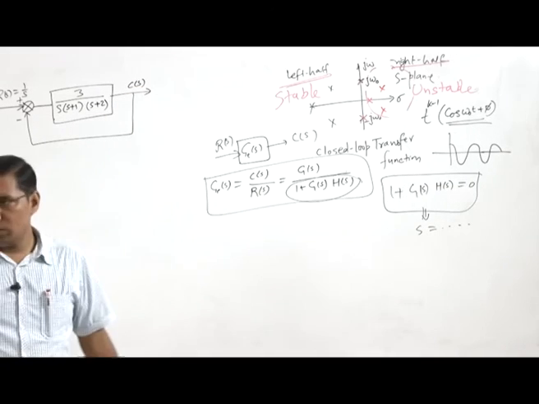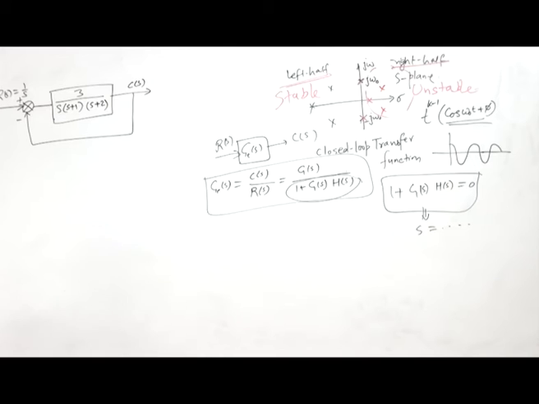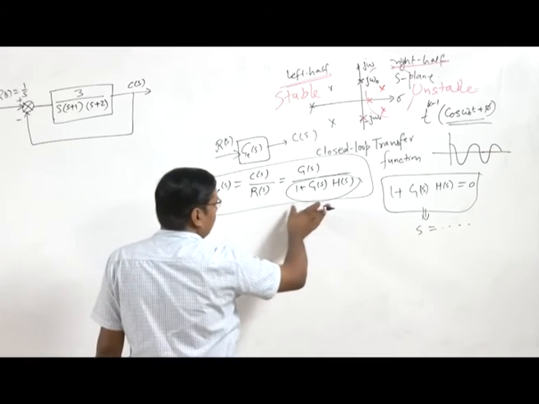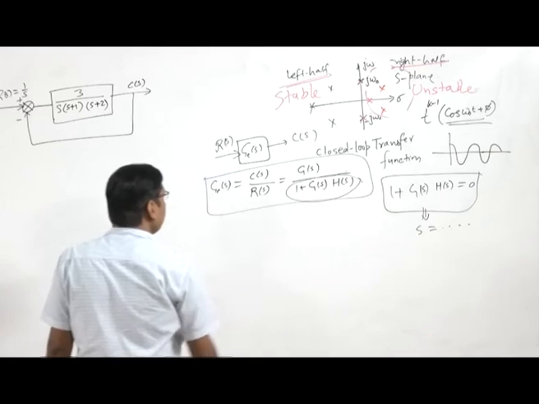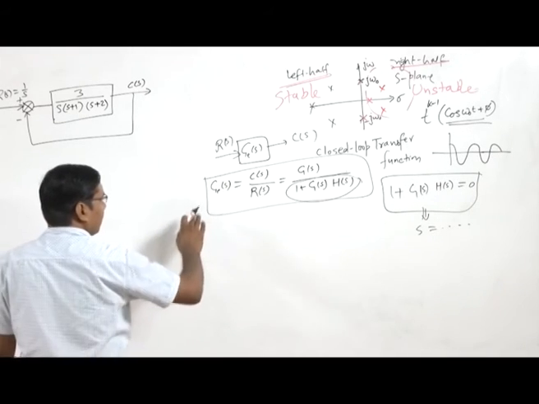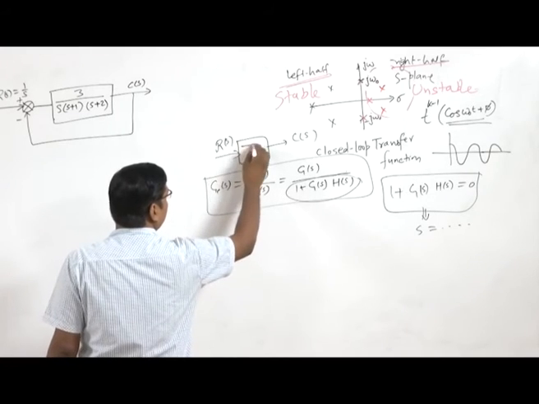For this system, we can find the closed loop transfer function. Let's call it T(s).